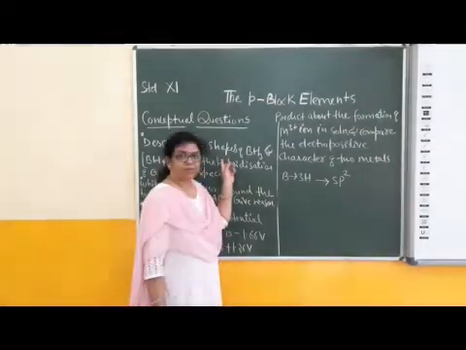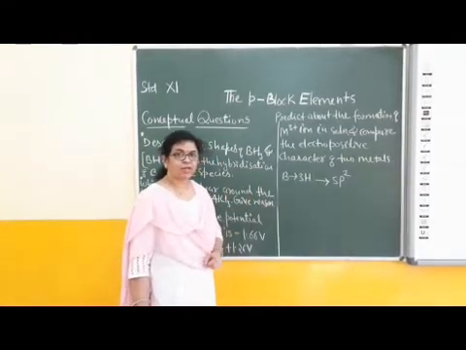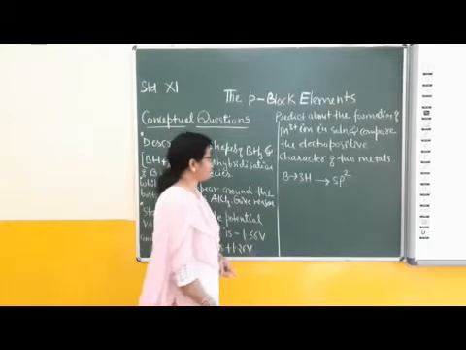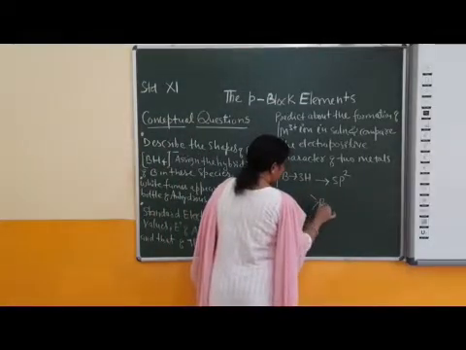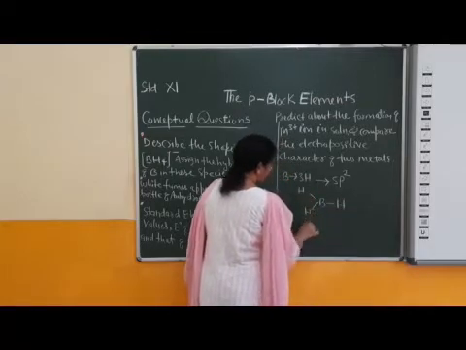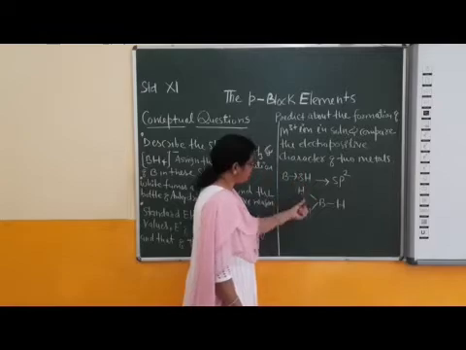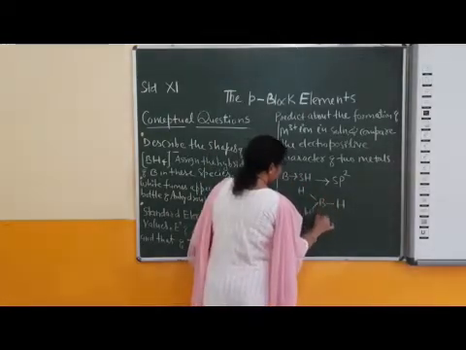What about shape or geometry? sp2 is related with trigonal planar shape. What is its geometry? Trigonal planar. This type of arrangement of hydrogen atoms: 1, 2, 3. And the empty p orbital like this.